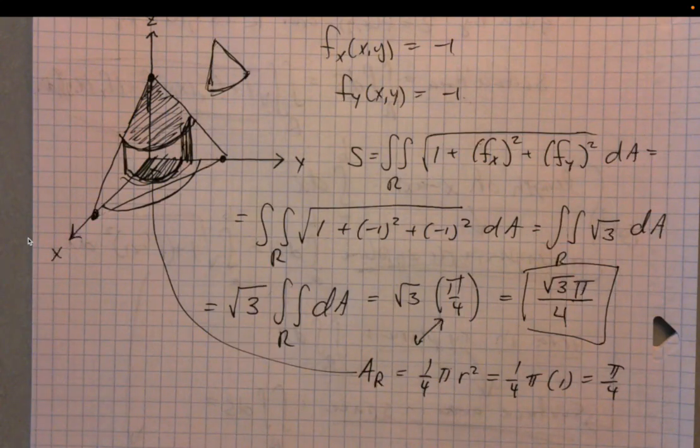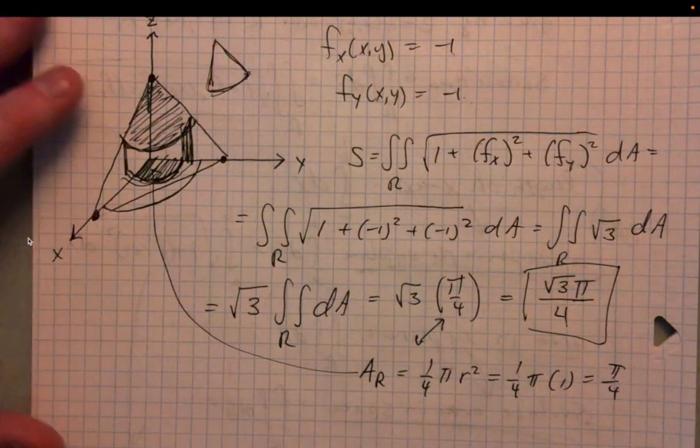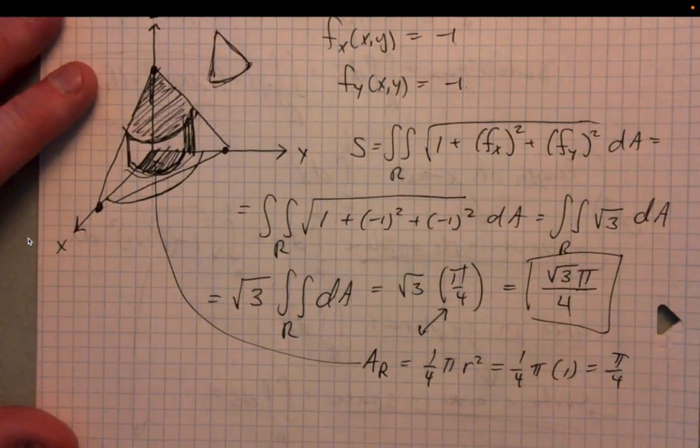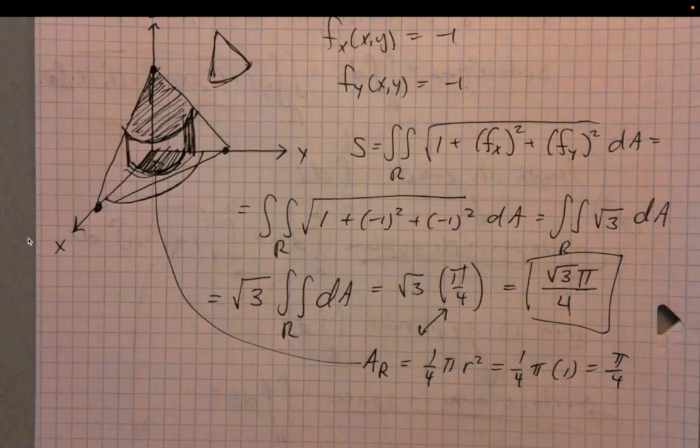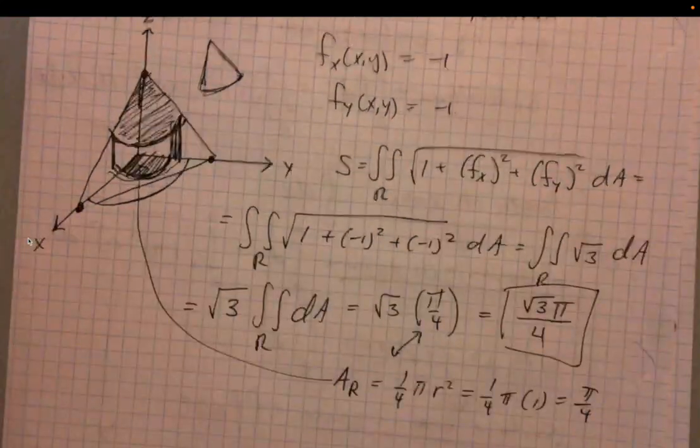In fact, if the surface of interest isn't a plane, then you won't have constant partials. So let's do an example where we ratchet up the difficulty a little bit. Okay, so let me get a new page here.